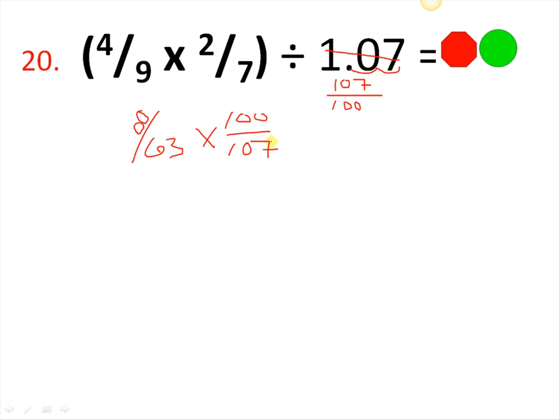Now it's just a straightforward multiplication problem. I have 800, that's my numerator, and my denominator is just 63 times 107. And that is 6,741. Now, simplify this.